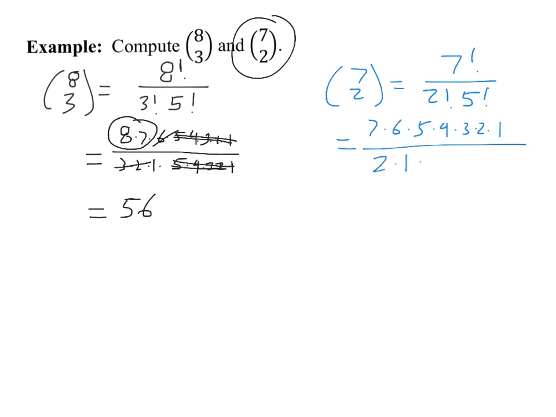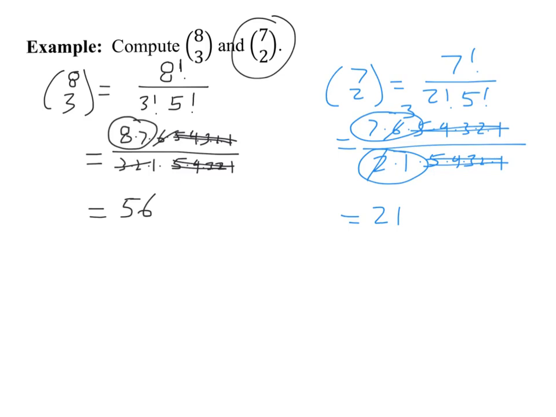The 2, 1 from the 2 factorial and the 5, 4, 3, 2, 1 will cancel out. All I'm left with is the 7 times 6 on the top and the 2 on the bottom. The 2 can reduce the 6 down to a 3, and I'm left with 7 times 3, which is 21. So these combinatorial coefficients are really pretty quick to compute, and this is how we do it.